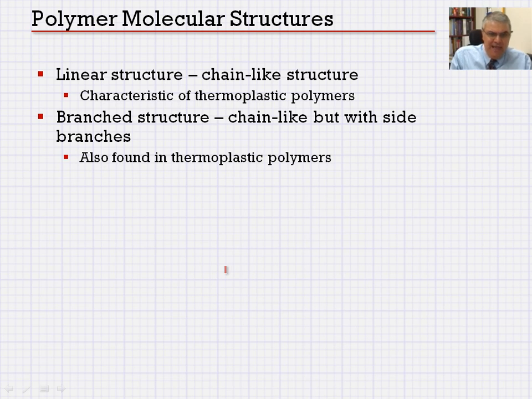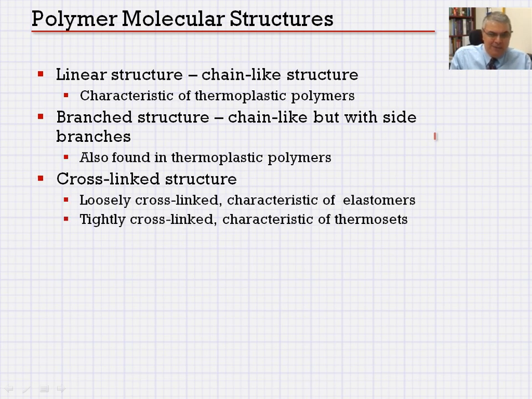We also can have branched structures that can also be found in thermoplastic polymers. In this case, they're chain-like, but with side branches. And we can have cross-linked structures.